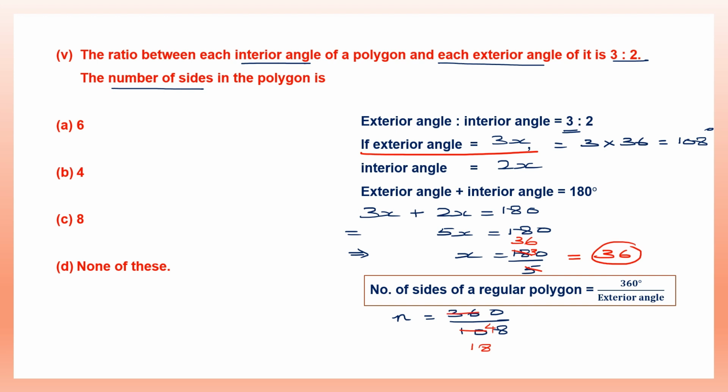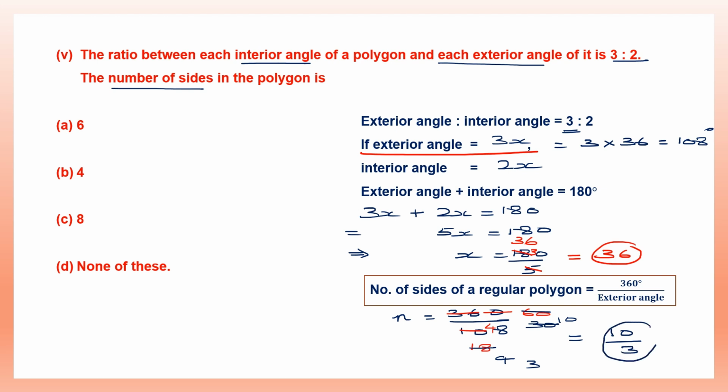Now here we can say 6 sixes are 36. So 60 by 18. We can reduce that further. We can say 2 nines are 18. 2 into 30 is 60. We can reduce that further by saying 3 threes are 9. 3 tens are 30. So here what do we have? We have 10 by 3. And this is a fraction.